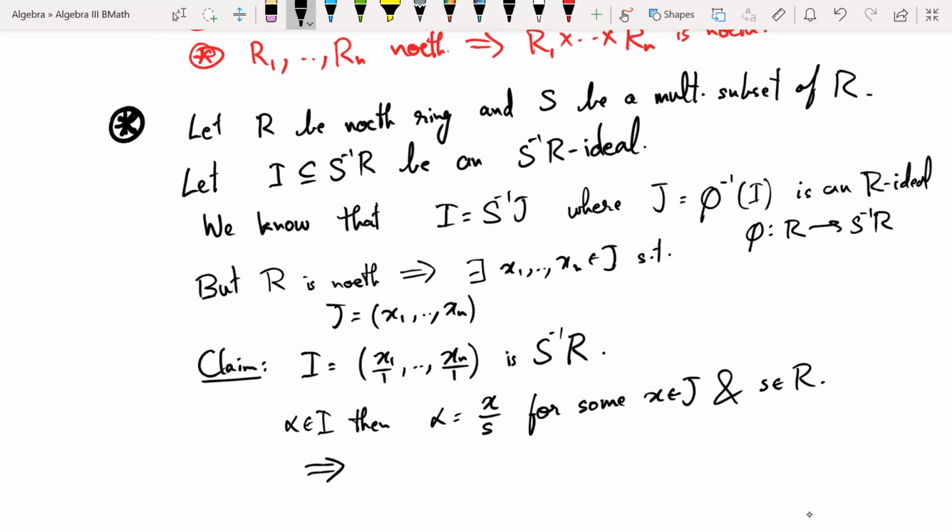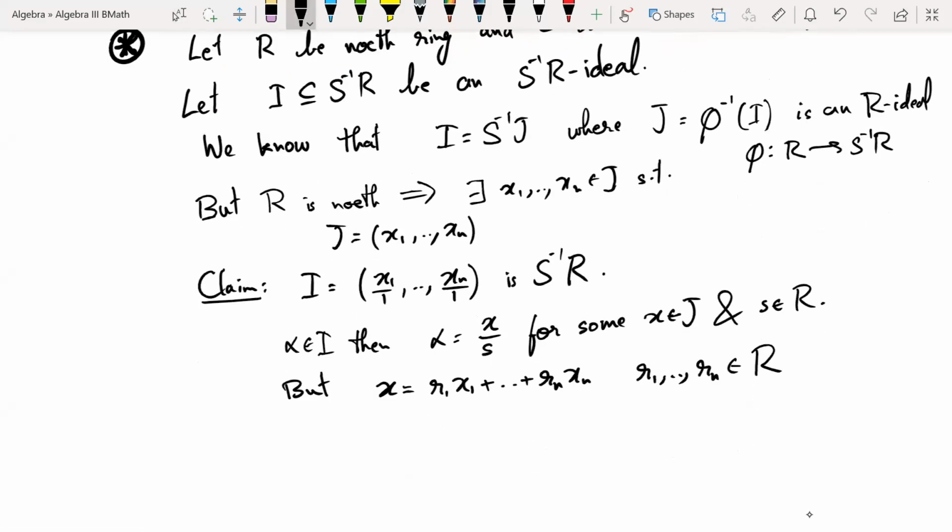So x equals r1 x1 plus ... plus rn xn, with r1 to rn in R. Which implies alpha, which is x over s, is equal to (r1 over s)(x1 over 1) plus ... plus (rn over s)(xn over 1).